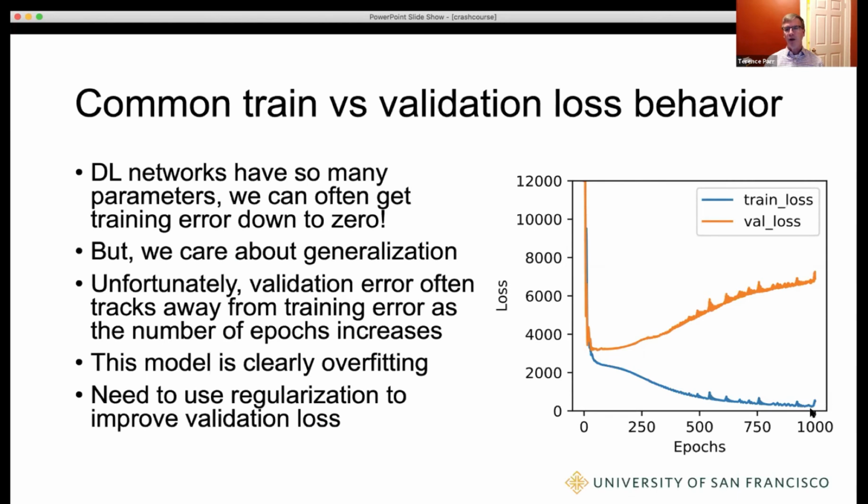But if we have enough power in our model and we train long enough, you can get training loss often extremely low. All right, now that's not what we care about. What we really care about is how well the model does on data that did not get baked into the training process. So how does the model do on records that were not in the training set? And so that's what this validation loss looks like.